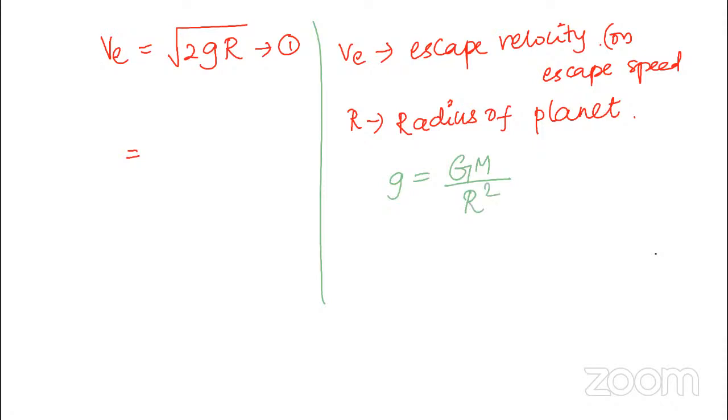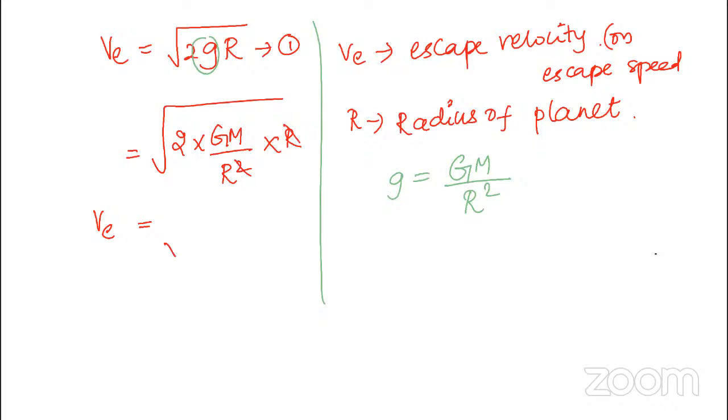Okay, so here we have to substitute the g in this. So 2 into GM by r square into r. Now in v, r square is cancelled. Then we get square root of 2 into GM divided by r.